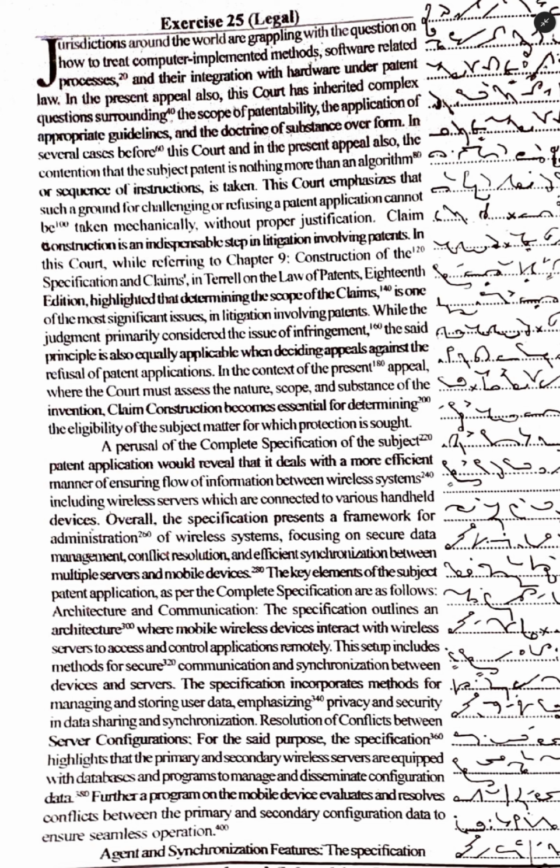While the judgment primarily considered the issue of infringement, the said principle is also equally applicable when deciding appeals against the refusal of patent applications. In the context of the present appeal, where the court must assess the nature, scope, and substance of the invention claim, construction becomes essential for determining the eligibility of the subject matter for which protection is sought.